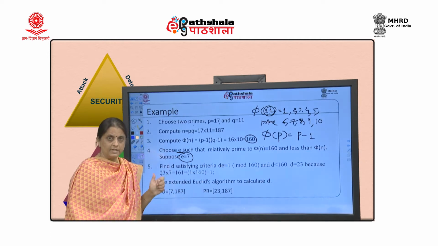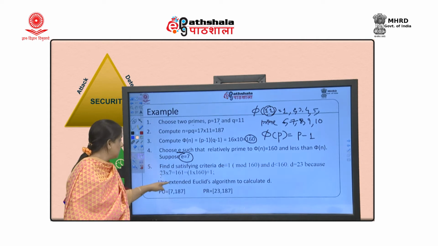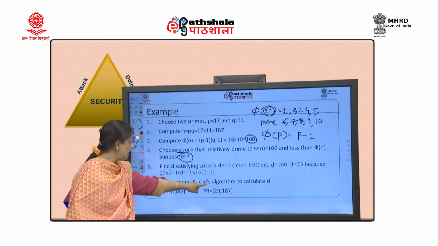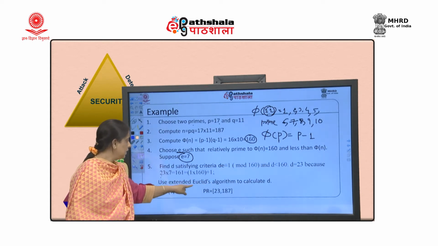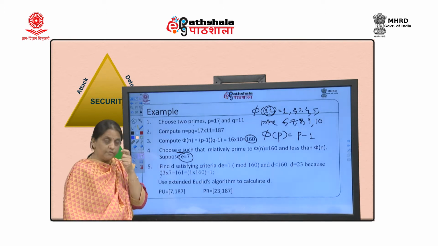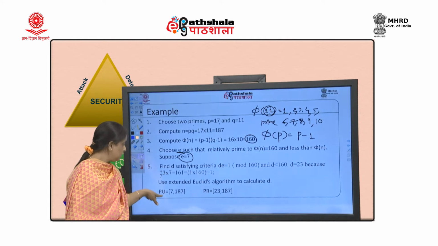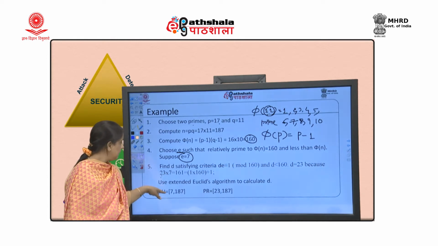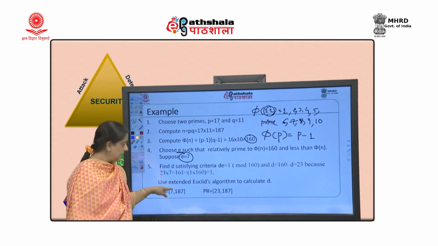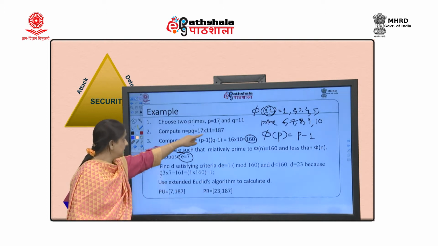We have found the encryption key and decryption key. As I mentioned earlier, you can use the extended Euclidean algorithm for finding the multiplicative inverse, and we have reached a conclusion that the public key is nothing but E and N, that is 7 and 187.